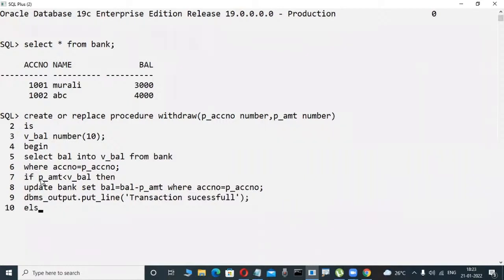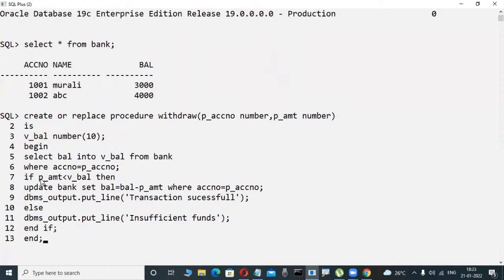Else, simple coding: insufficient funds. Okay, some coding is there. This is not difficult coding, take it easy.